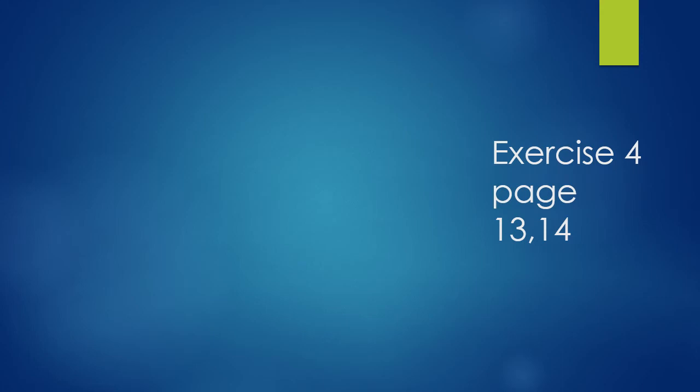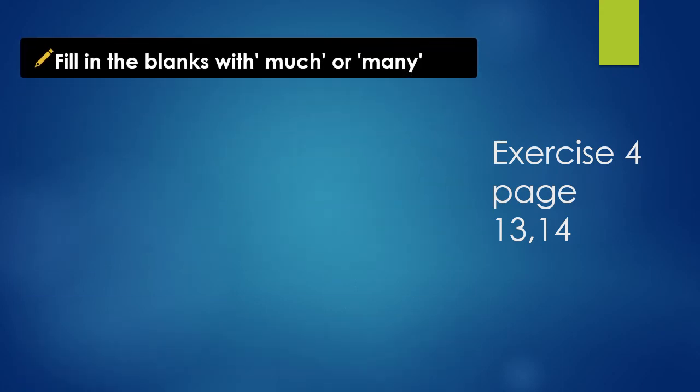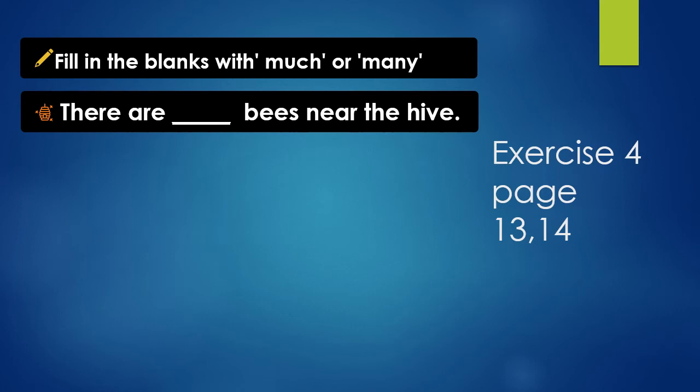Let's do exercise 4, page 13 on grammar and usage book. Let me read the question for you. Fill in the blanks with much or many. The first sentence is, there are dash bees near the hive. What comes here? Many bees. There are many bees near the hive.